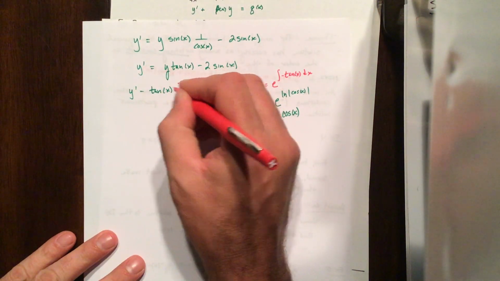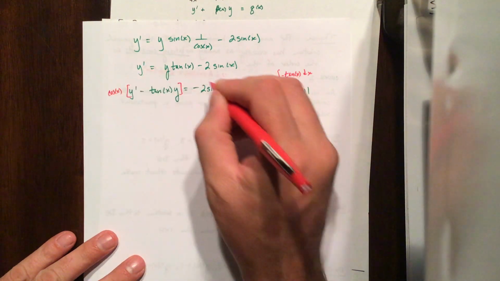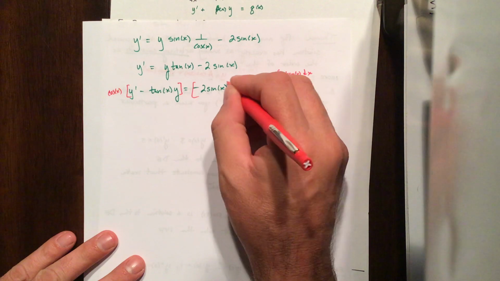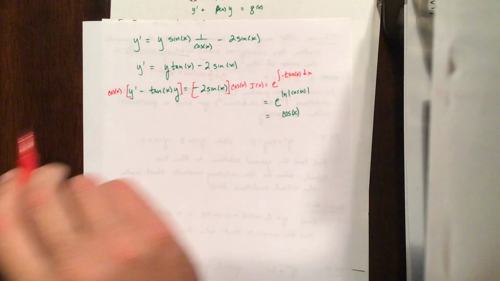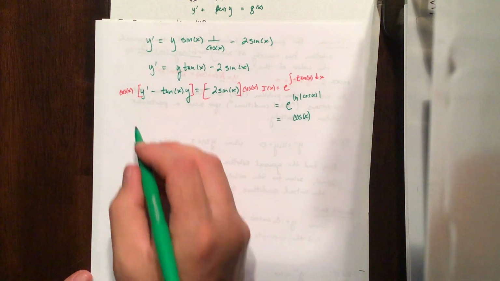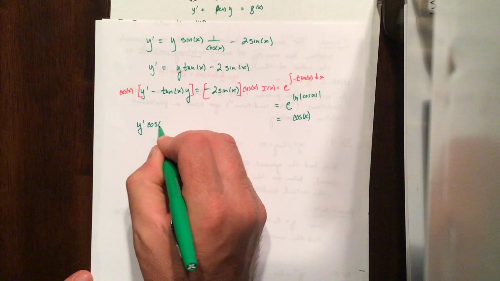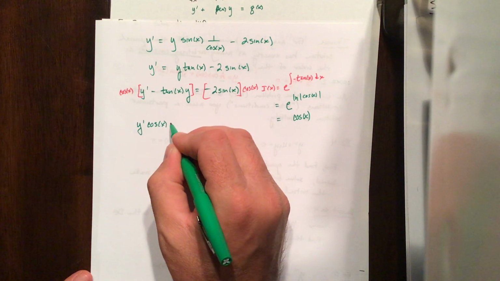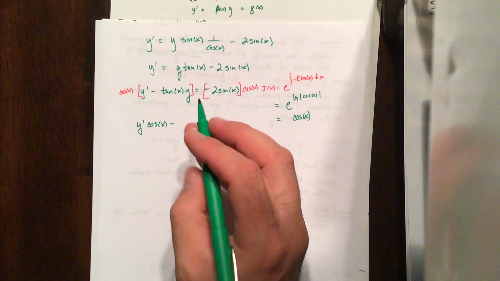So we multiply both sides by the cosine of x, and that's y prime cosine x minus tangent times cosine x.